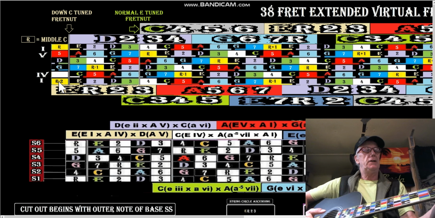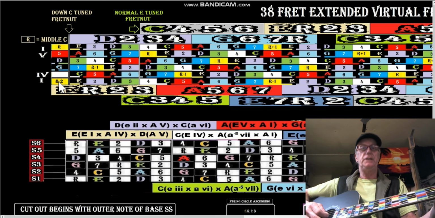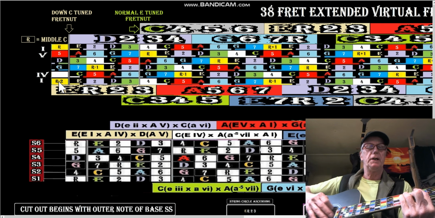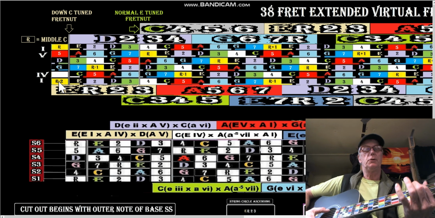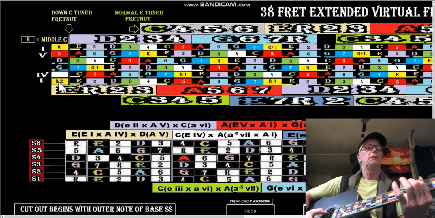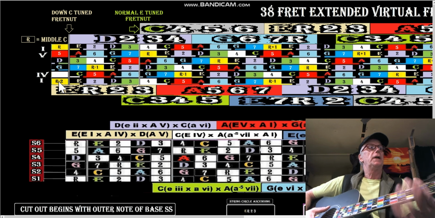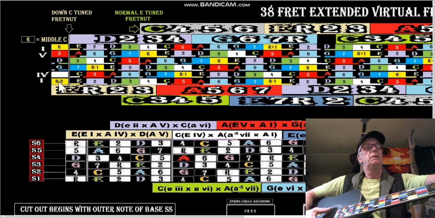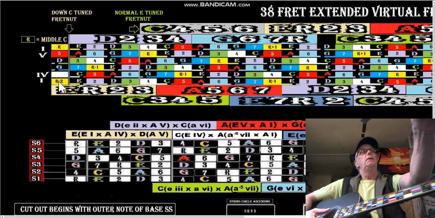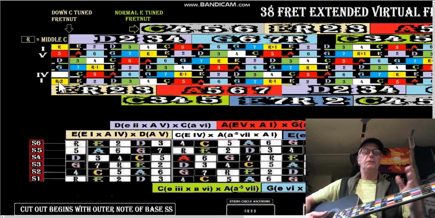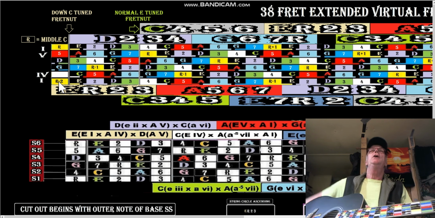So down here I have an E-shaped C, where you have your regular E-shaped E. This is your lowest note. That's the difference in how I've tuned my guitar.